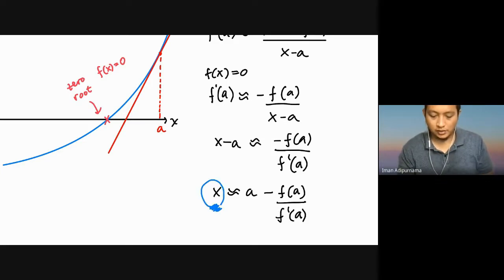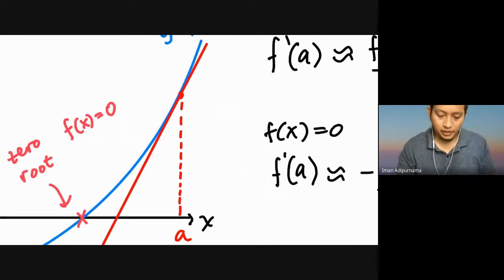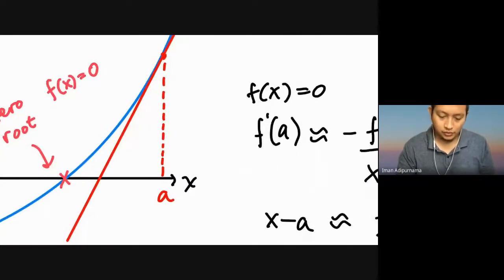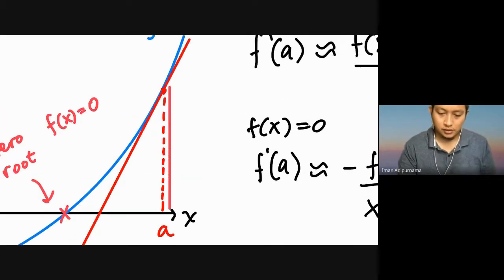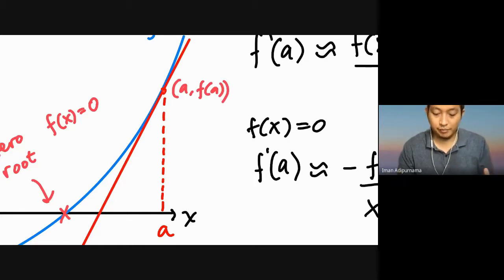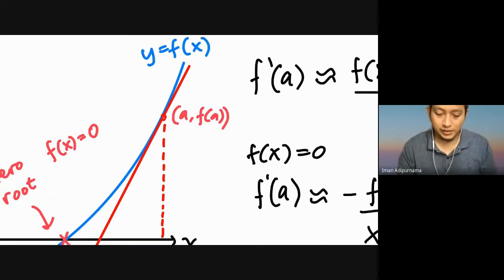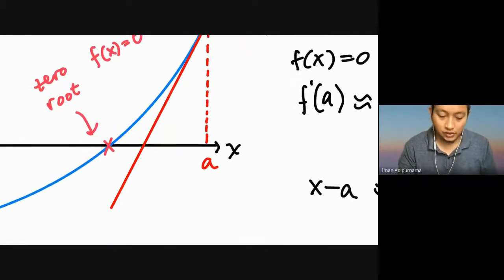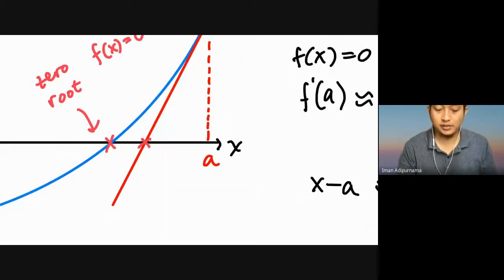This x here. When you have a, okay, so you have a here, right? So this is a, f of a. And then you have the f prime. The f prime is the tangent line, and it's crossing this, right?